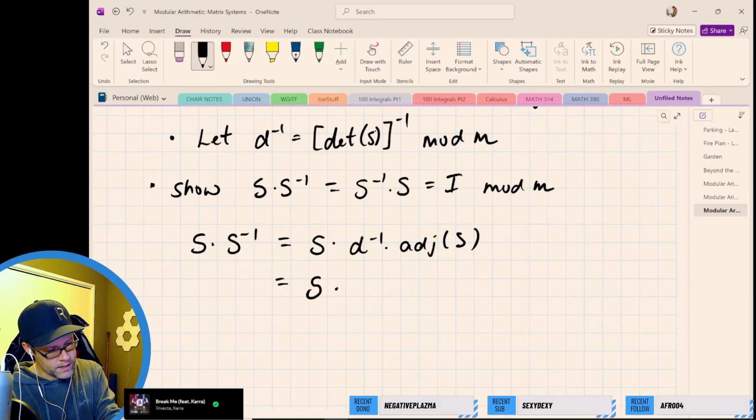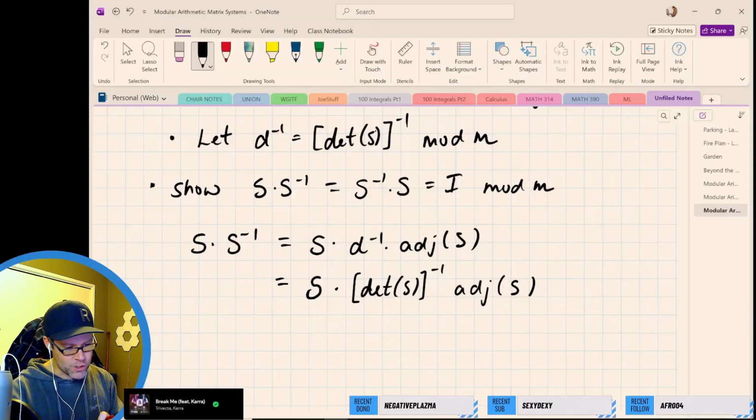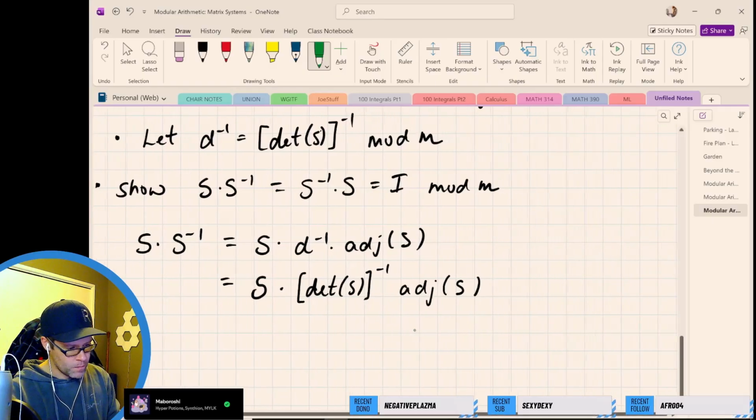So this is really S times det S inverse times adjoint S. Of course, this is all mod M as well.